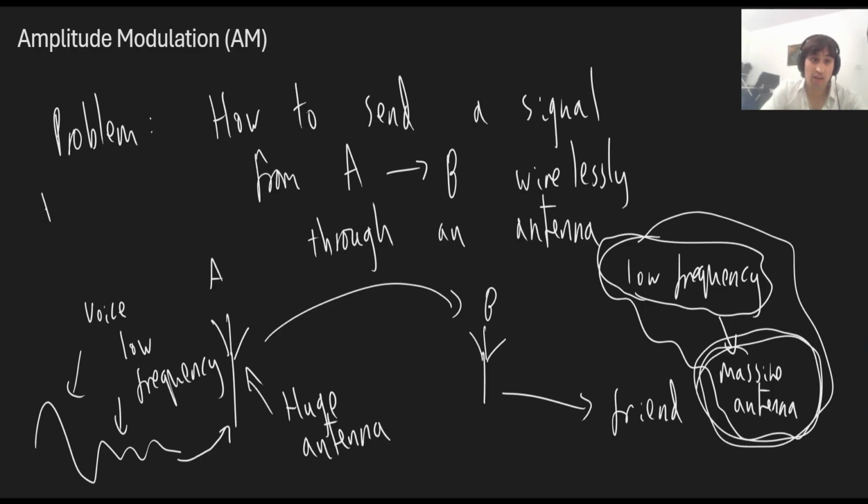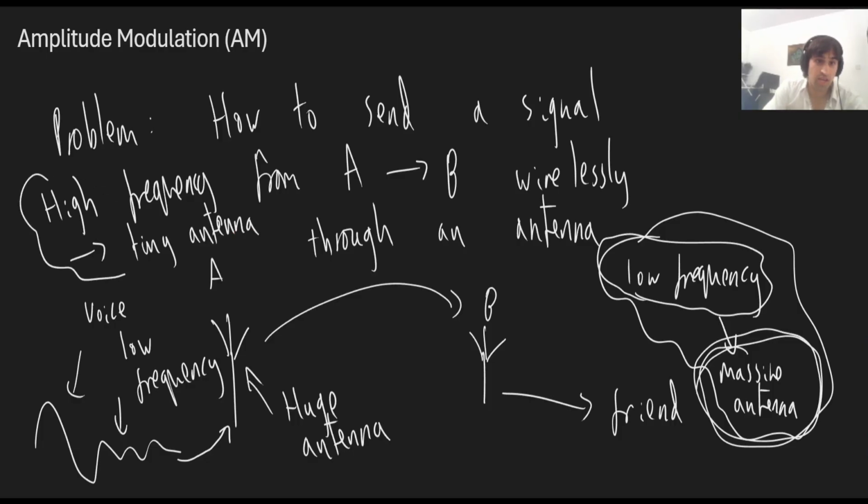So if you have a high frequency, that means we can have a tiny antenna. So by simply using a higher frequency signal, we can have a tiny antenna.